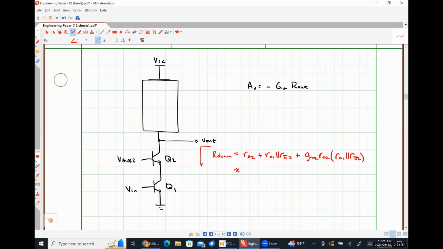And we could approximate this, if we were so inclined, as gm2 rO2 times (rO1 in parallel with rπ2), right? That's our resistance looking down.